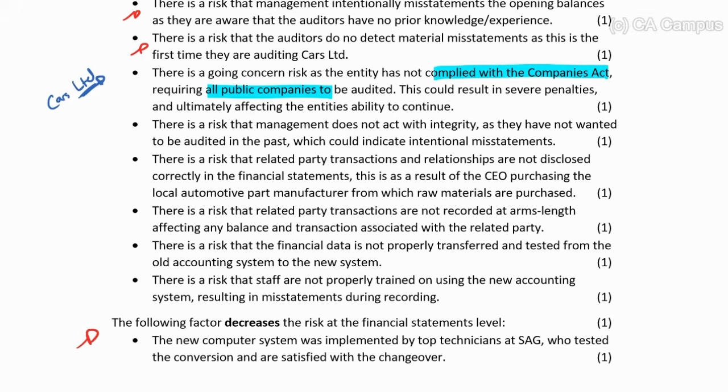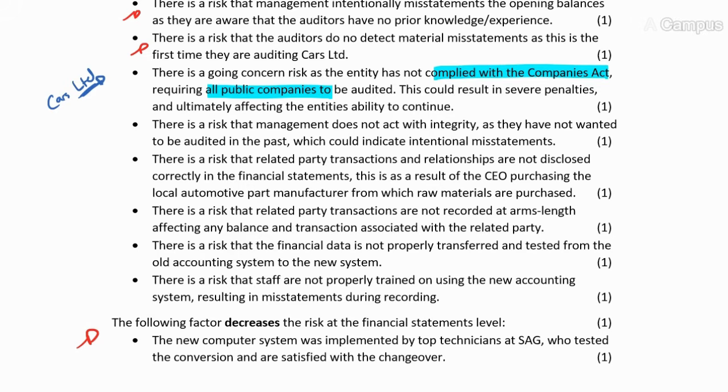Right, if they were a private company and they didn't meet the public interest score, they don't have to, and they can choose to. But they're public, so they were required to be audited. And the fact that they haven't previously means there's non-compliance with the Companies Act.